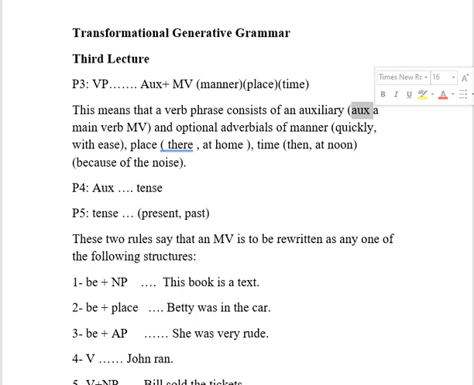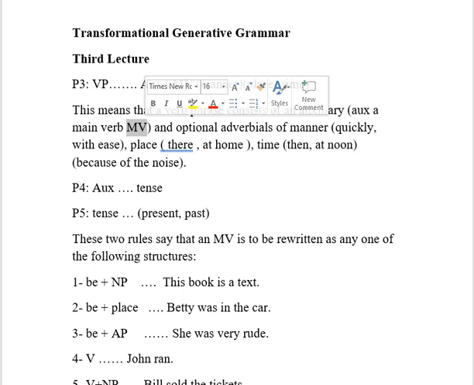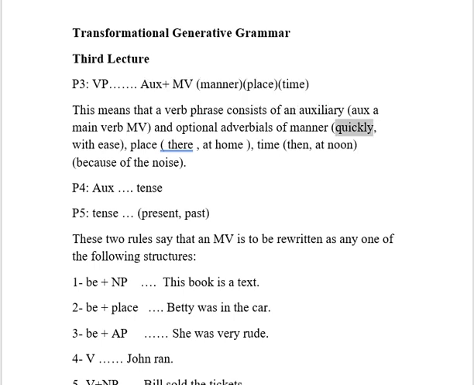We make the abbreviation AUX for auxiliary and MV for the main verb, and optional adverbials of manner, quickly or with ease, place, for example.